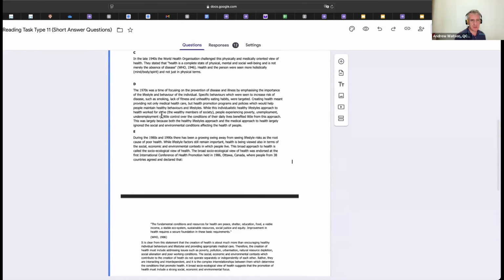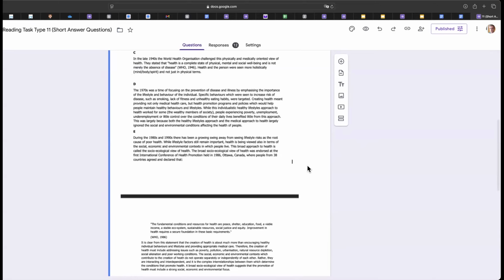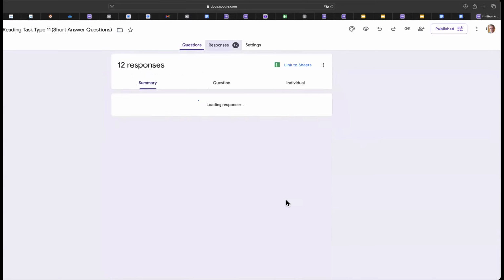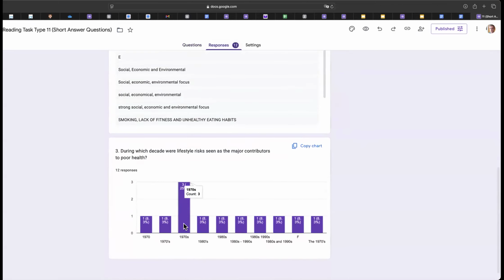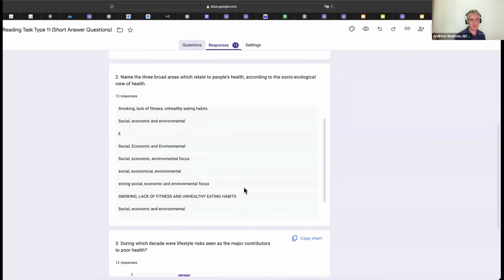But then that was the 70s, the 80s. It was more that the sociological view of health emerged in the 1980s. And that corresponded to another answer. Well, it might be because we don't see that answer, but the answer there is paragraph D, and it's the 1970s.